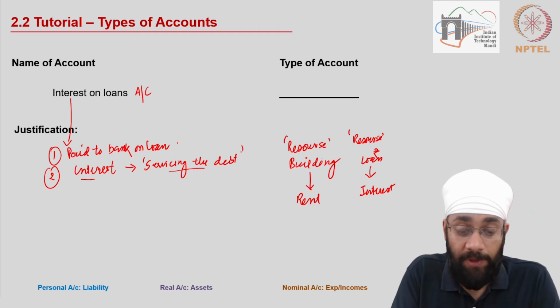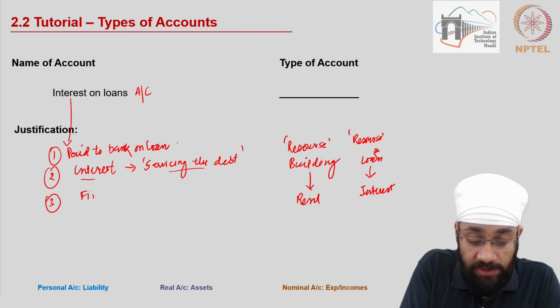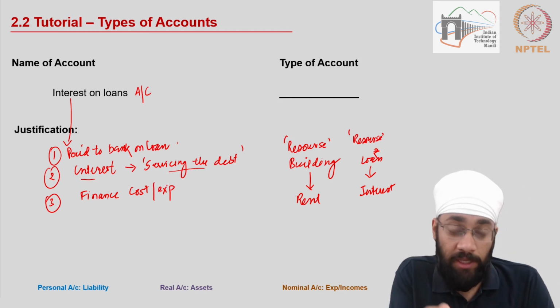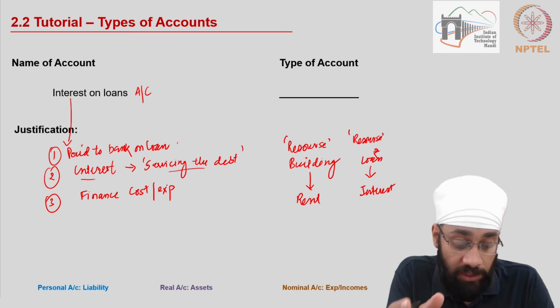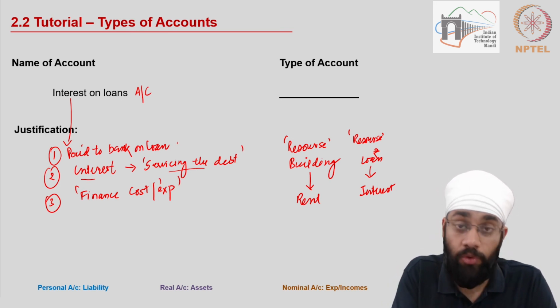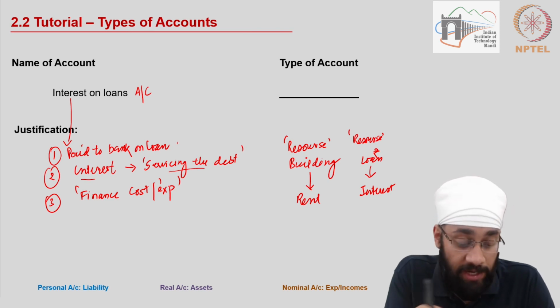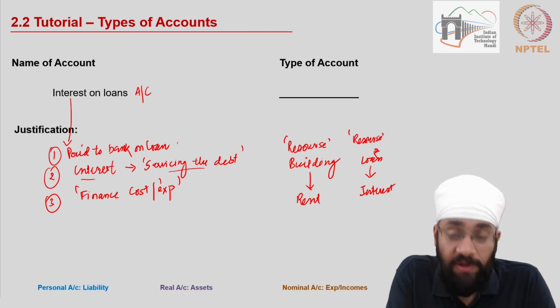So interest being paid on loans, we have discussed this earlier. This is a finance cost or finance expense. This is shown separately in the income statement of a public company or a private company. There is a specific head called finance cost. You could go back to the statements of Reliance Industries Limited and you will see an item called finance cost.